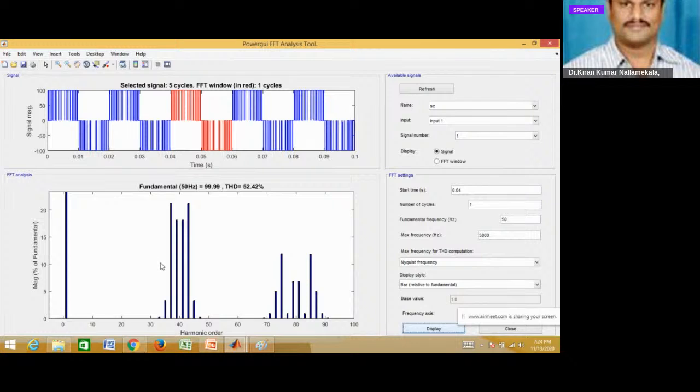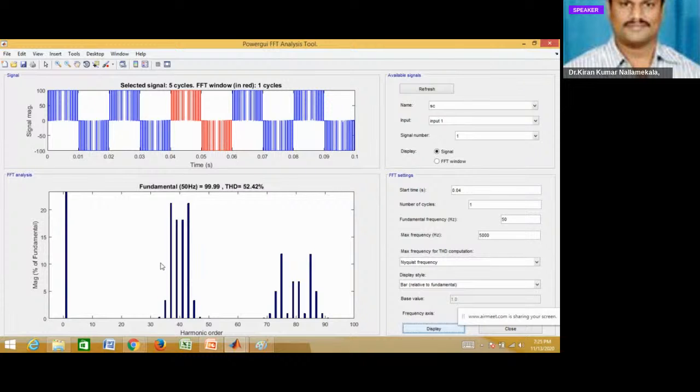That means using this pulse width modulation technique, we are cancelling the harmonics without changing anything in the circuit configuration. We are eliminating the harmonics. This is the beauty of multi-level inverters and pulse width modulation techniques.